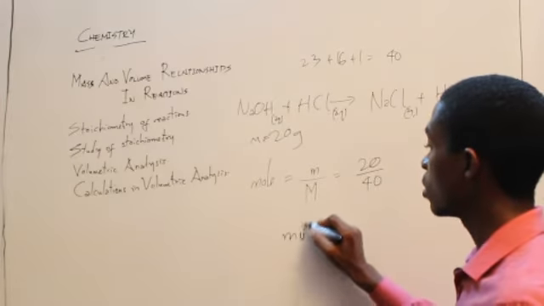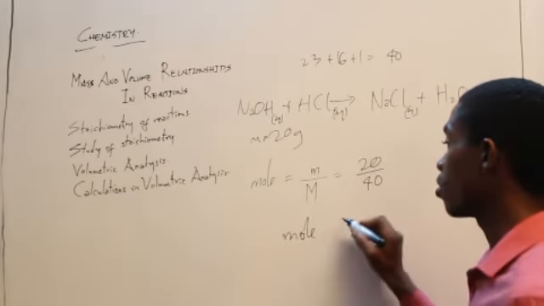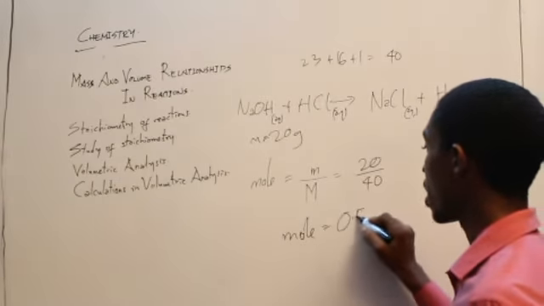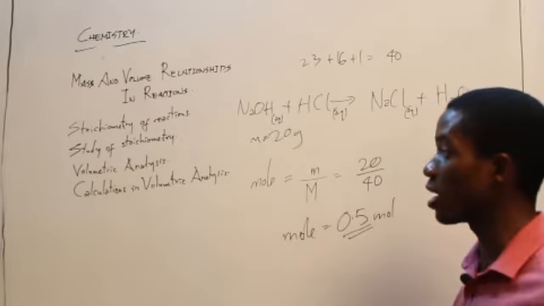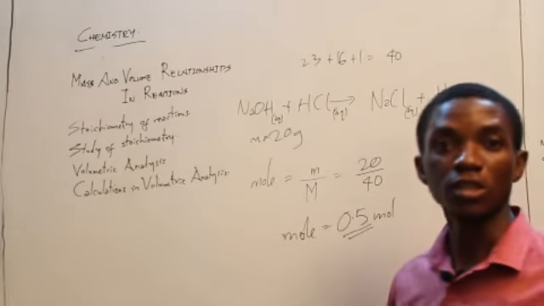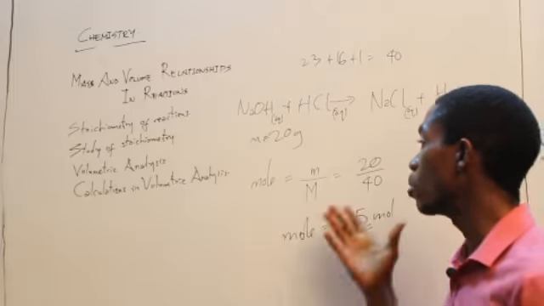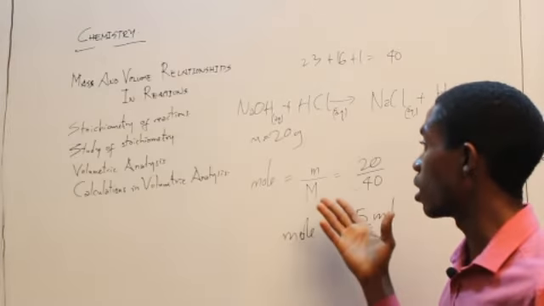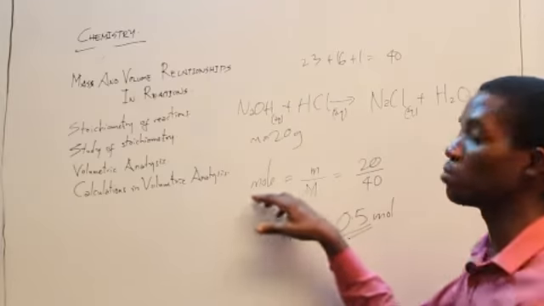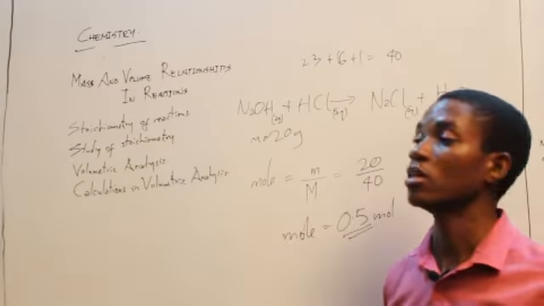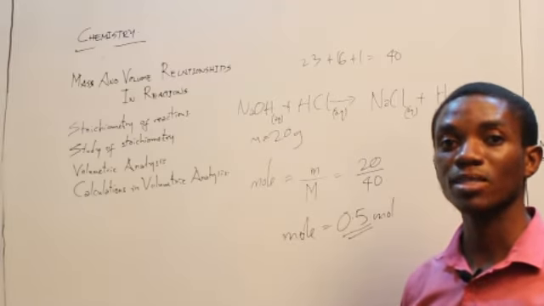So the mole, if this particular quantity is involved, is about 0.5 mole. So this is basically how we express mole in terms of mass. This is establishing the relationship between mole and mass. The mole of the substance equals the mass of the substance divided by the molar mass of the substance.